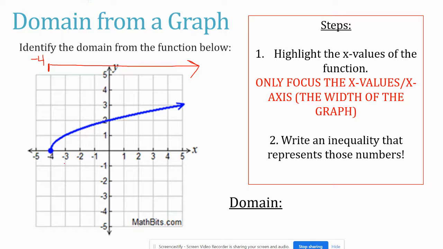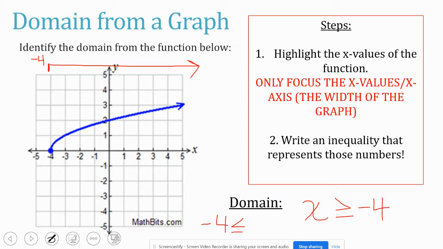So to write this inequality, we're going to write x is greater than or equal to -4. You could also write it like this: -4 is less than or equal to x. These mean the same thing, but it's basically saying any x value bigger than -4 is in this domain.